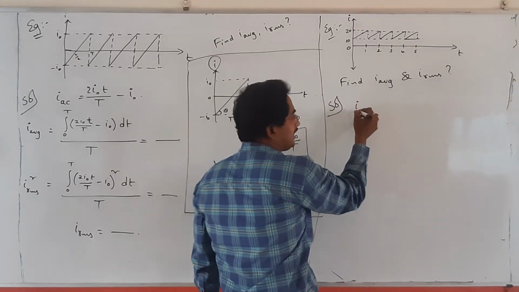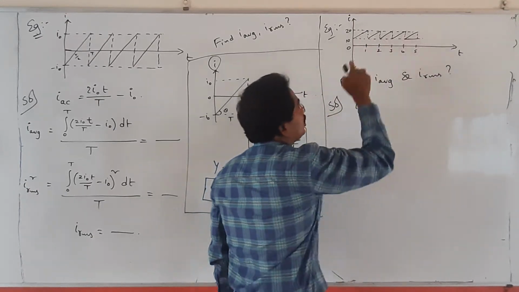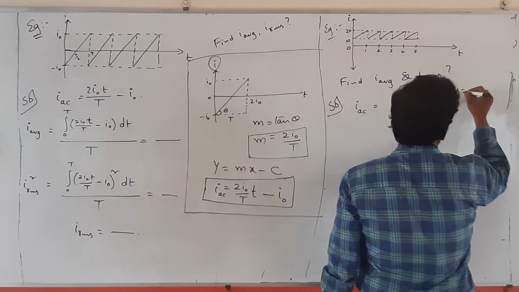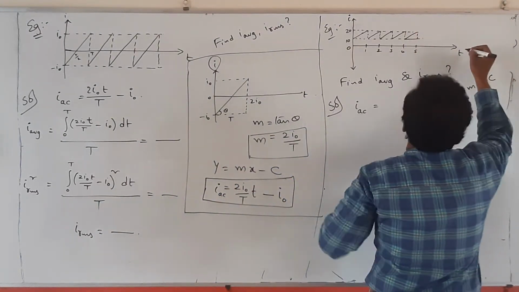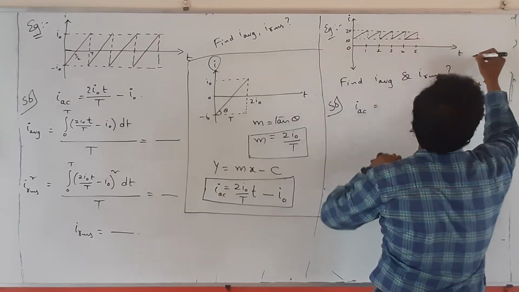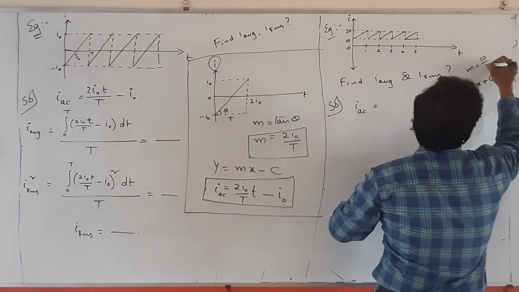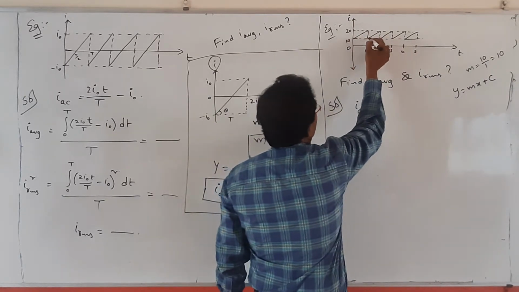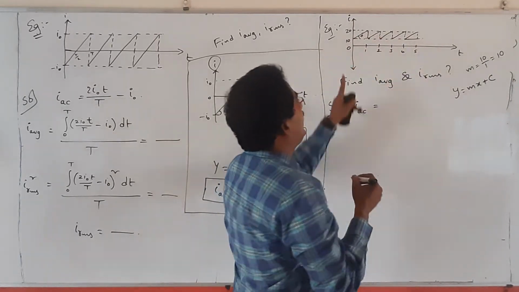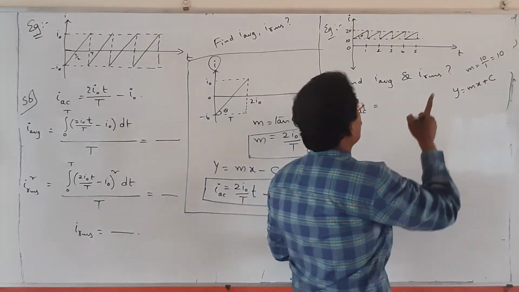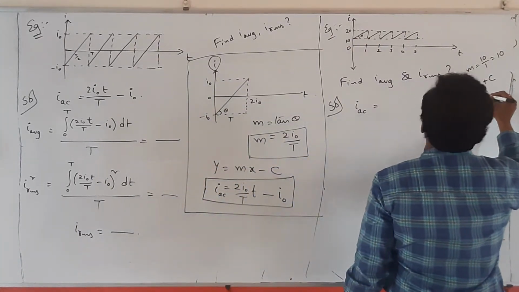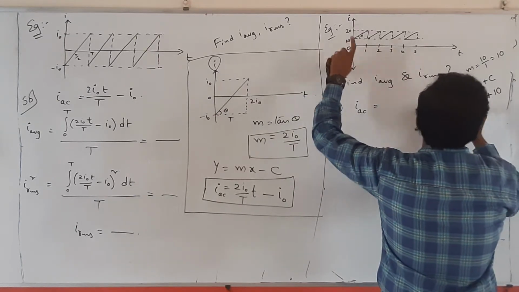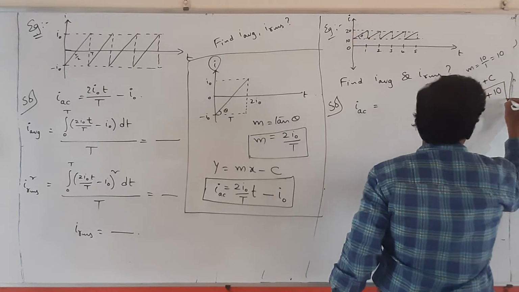First you have to find IAC. Y equals mx plus c. What is our formula for this? Y equals mx plus c. M value here is 10 by 1, that is 10. So tan theta equals 10 by 1. So 10 into t plus c, and c value is 10. This is the current value.